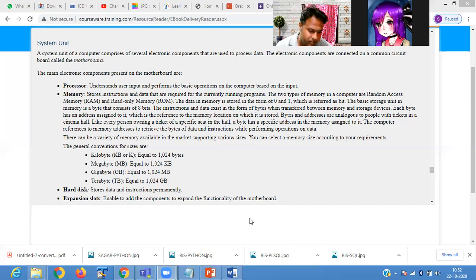Okay, so there is a memory unit we are using, and it is different from computer system to system. So what is a memory unit?